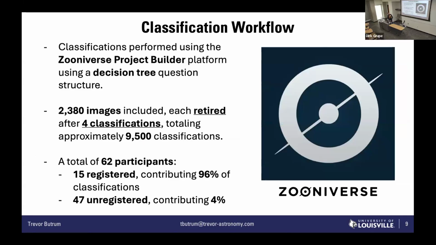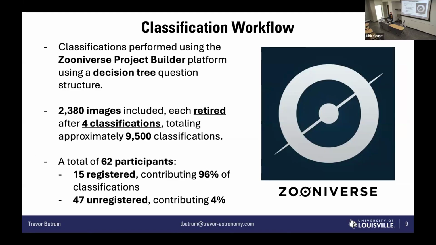And so my classification workflow, I did this on Zooniverse. Again, a lot of you may have heard of Zooniverse with Galaxy Zoo and stuff. I included all my images in the workflow, and I retired each of these images after 4 classifications. People might see some issues with that, and there were some issues later that I'll discuss.